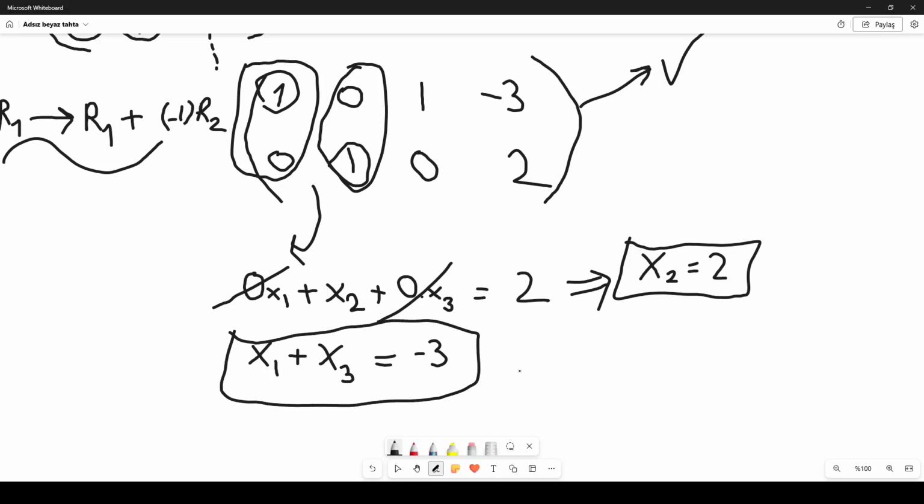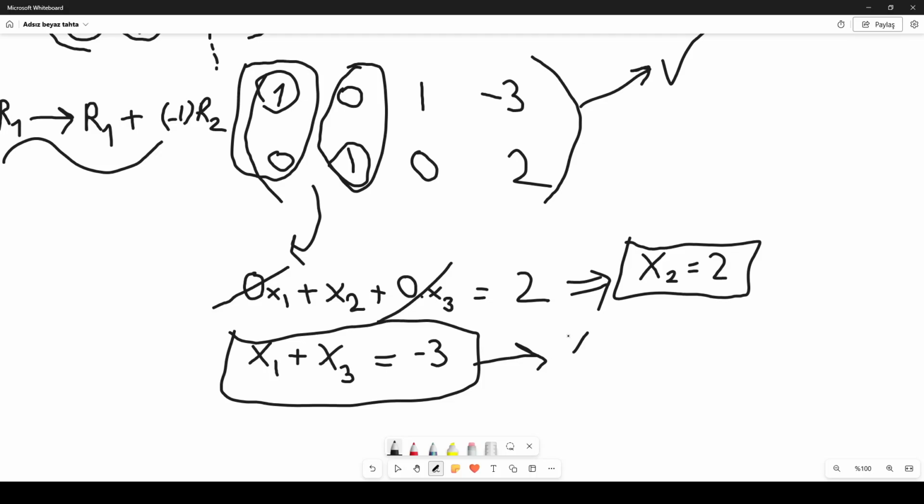The main advantage of this elimination process, either Gaussian elimination or Gauss-Jordan, is to reach a point where we have at each row one unknown variable. But in this case, x1 plus x3 is equal to minus 3. That means x1 and x3 could take on any real values that satisfy this equation, right?